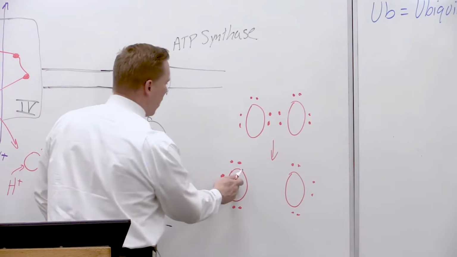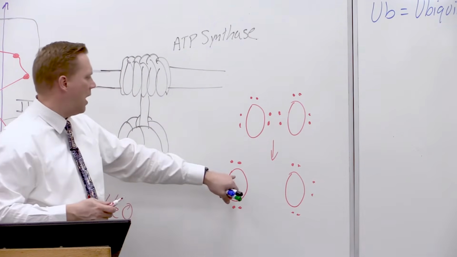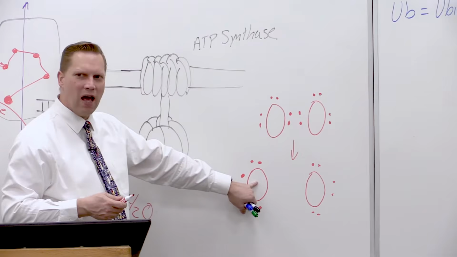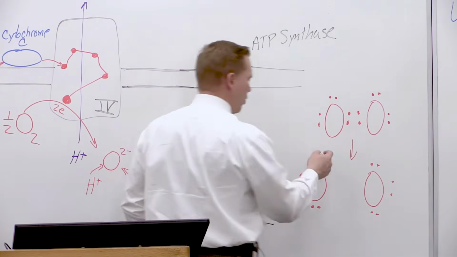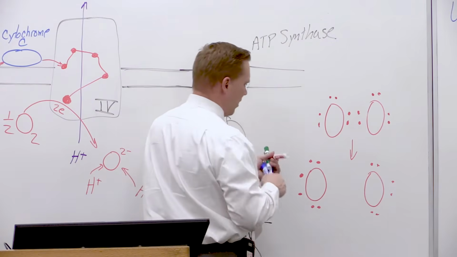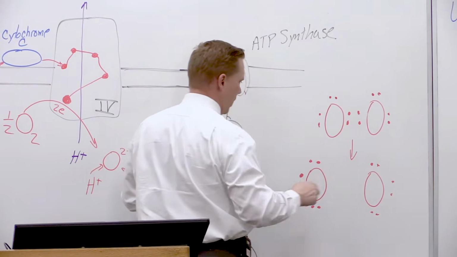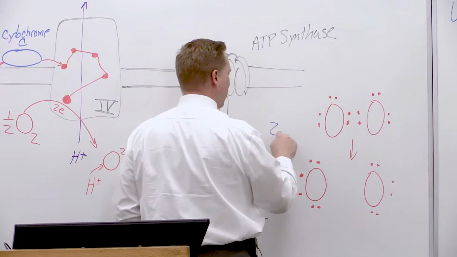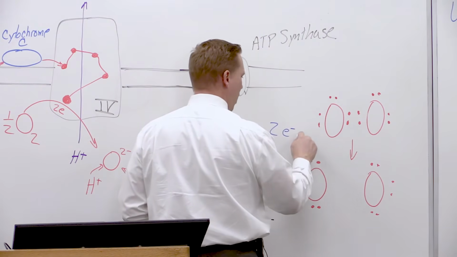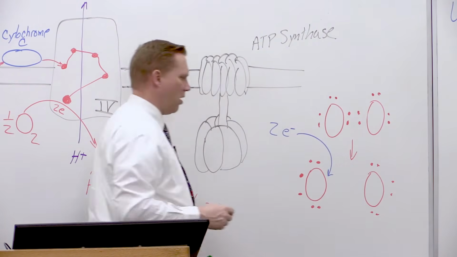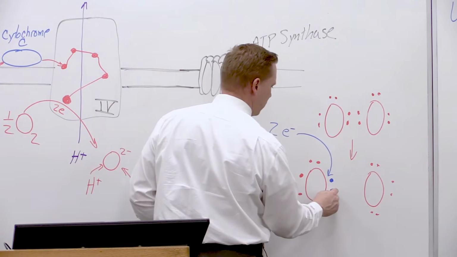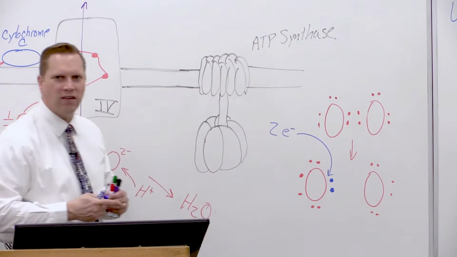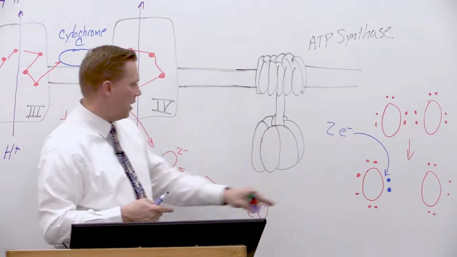So notice that right now we've split these, but now this oxygen atom does not have its octet of electrons. It's deficient. So we need to add electrons, and those are the electrons that are going to come from complex 3. So we're going to have 2 electrons that are going to come from complex 3, and they're going to fill that to make an octet. And that's how we're getting the oxygen.